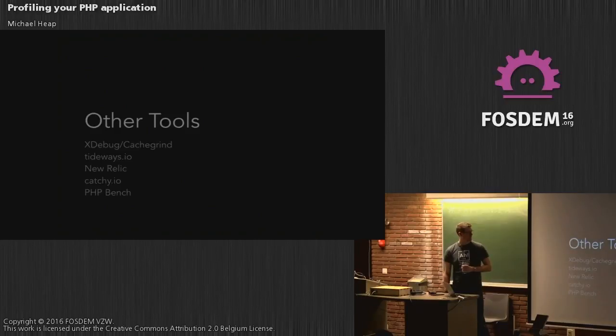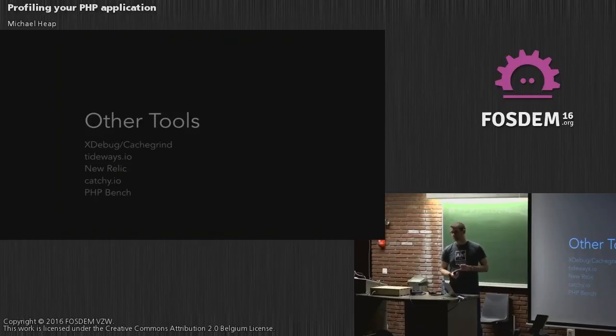There are lots of other tools out there. The classic is Xdebug with Cachegrind, with KCachegrind or Webgrind, which is a web UI for Cachegrind files. That will show you function calls, CPU time, things like that.